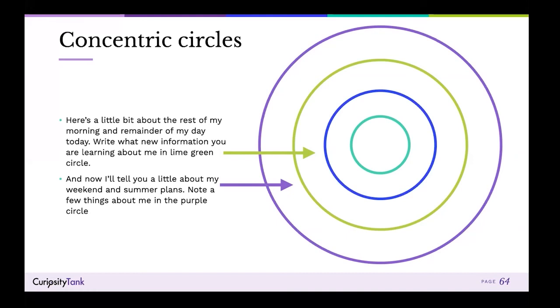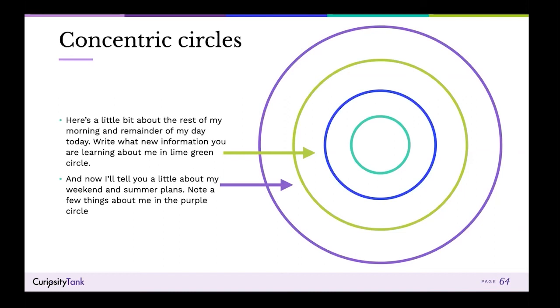And then in the 4th circle, I'm going to tell you about my weekend and my summer plans. And note that in the purple circle. Well, first, tonight, we're having a family dinner. I'm sorry, we're not having family dinner tonight. I just looked at my calendar. It's Friday night. Saturday morning, I have to run errands. I have to go to Bed Bath. My SodaStream broke again. So I want to replace that.